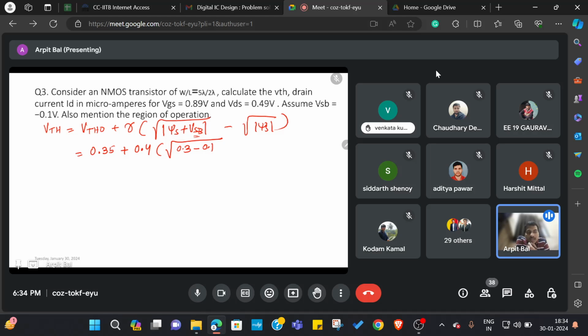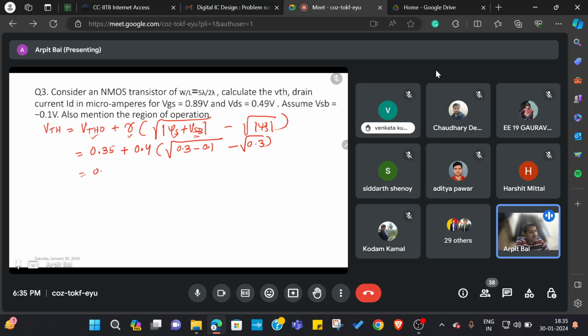For the students who joined late, the values for VTH naught, gamma, as well as psi s were already mentioned in the first slide, where we had the data to solve all the tutorial questions for today.